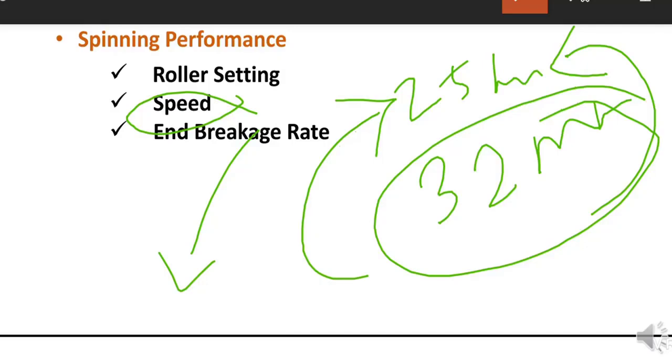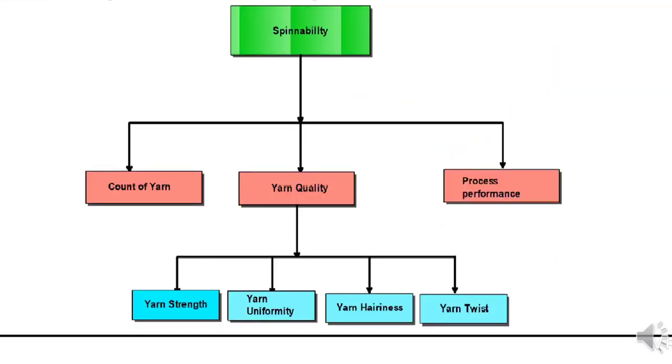Thus, spinning performance or the processing performance of the fiber is decided by length of the fiber. This is how, in general, spinability of the fiber is decided by length of the fiber. It decides count of yarn, it decides quality of yarn, it decides performance of process.